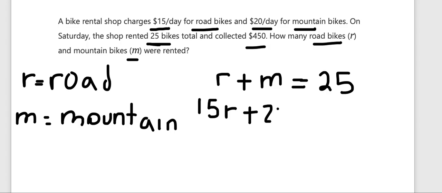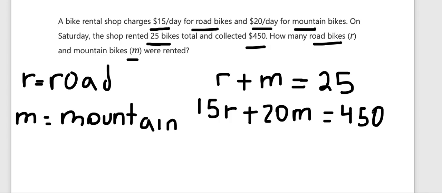That will be 20 times M. So when I multiply the $15 times the number of road bikes and I add the $20 times the number of mountain bikes, in total, I'm going to get the total amount of money that they collected, which is $450. So 450. So these are your two equations. So that is your second step. So step one, identify your variables, identify the type of problem, which is a system of equations, because we have two different things here. And then we have to write your equations.